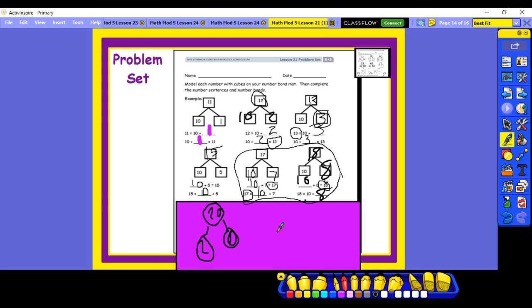Grade their number bond. Is it correct? What's wrong with it? Can you figure out where they went wrong? Can you write a number bond to correct them?